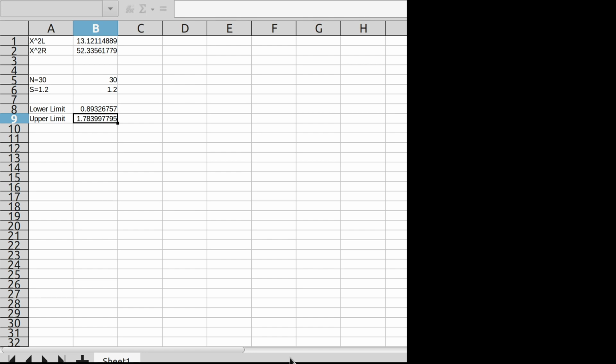Let's see if that works now. Equal, I've got it showing over here, but it is not updating on the screen here. This happens sometimes. Let me fix this. I'm just going to switch it to this one, and then switch it back.